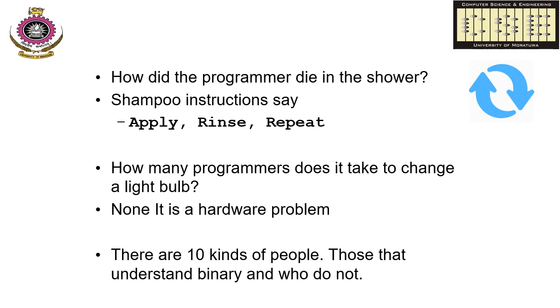Thirdly, there are 1-0 kinds of people, those that understand binary and those who do not. Did you get that? Do we have 10 kinds of people, or do we have 1-0 kinds of people? The second statement says those that understand binary and those who do not. I hope you get that.